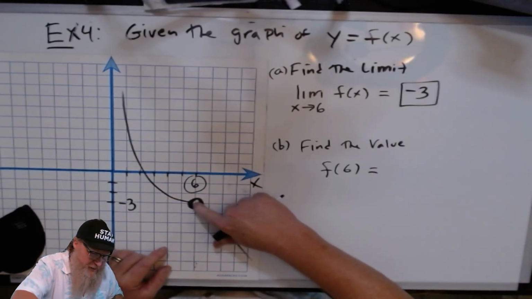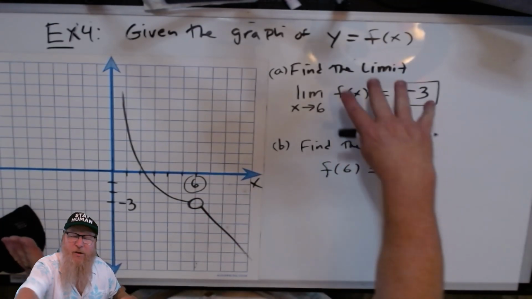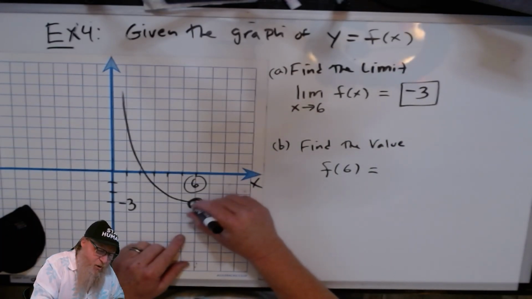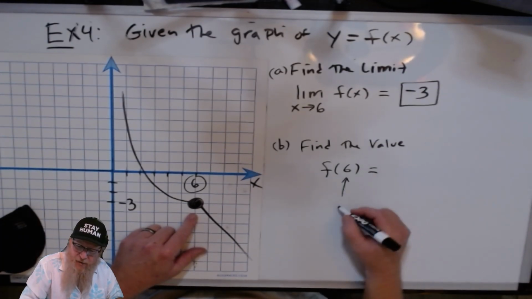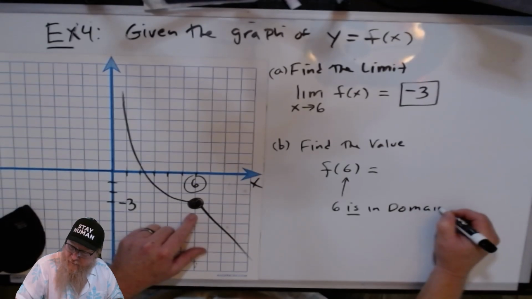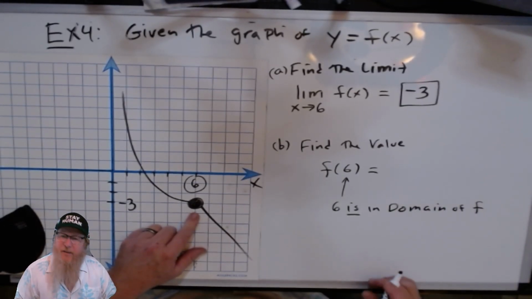So when you're just doing the limit, just imagine sort of like time elapsing. When you've just done the limit, it's -3. But because the hole is filled in with a solid dot, that means that that 6 is in the domain. Yeah, because it's a closed dot or a solid dot.